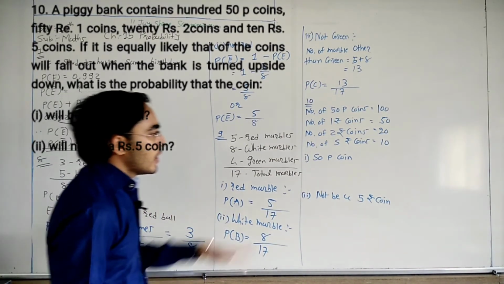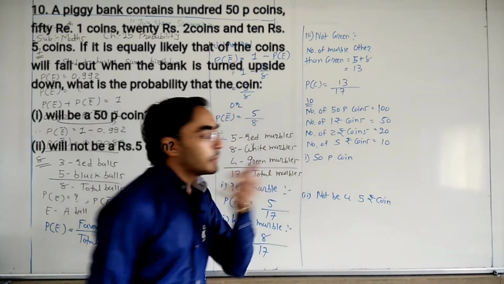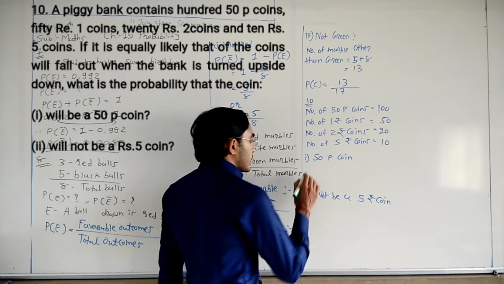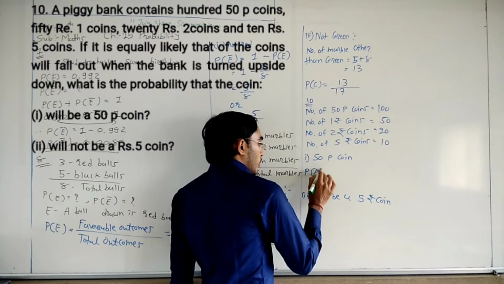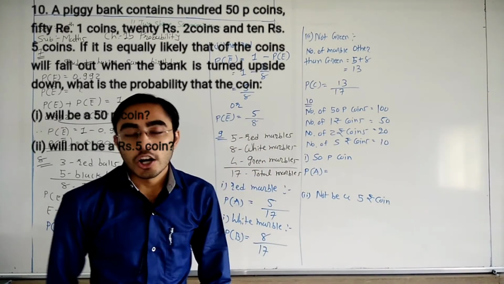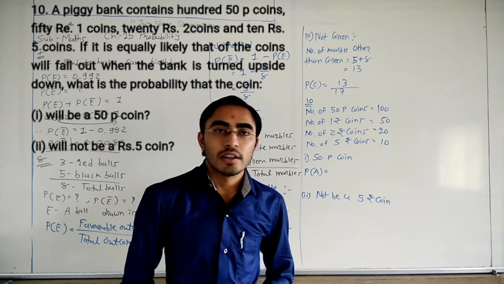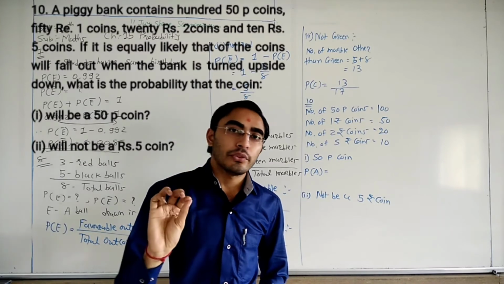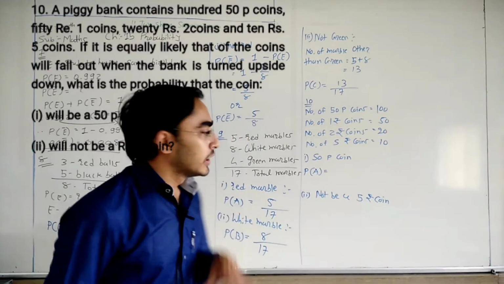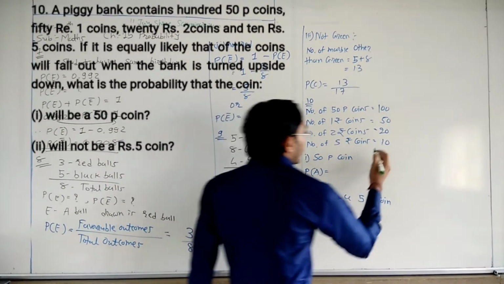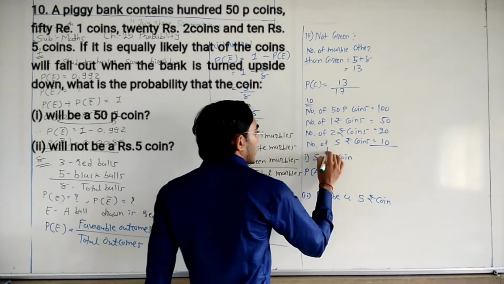Now for the first probability, 50 paisa coin, we give it A here. So the probability of event A. How many things do we need to think about here? 2, right? Favorable outcomes and total outcomes. Total outcomes means the total number of coins.